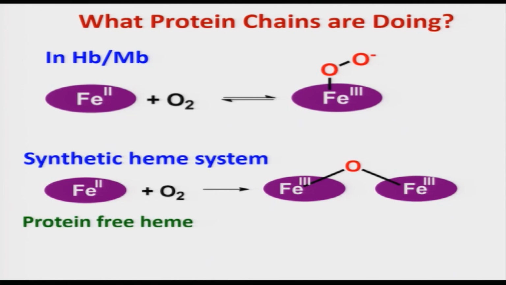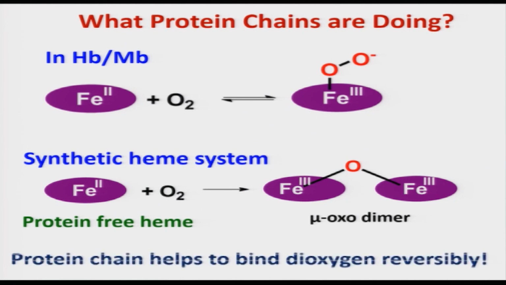This iron(II) heme center binds dioxygen irreversibly and immediately forms this mu-oxo dimer, which is a very stable unit. So, one can see that dioxygen binding cannot be reversible anymore, because this iron(III) can no longer convert to iron(II). So, this suggests that the protein chain helps to bind dioxygen reversibly.